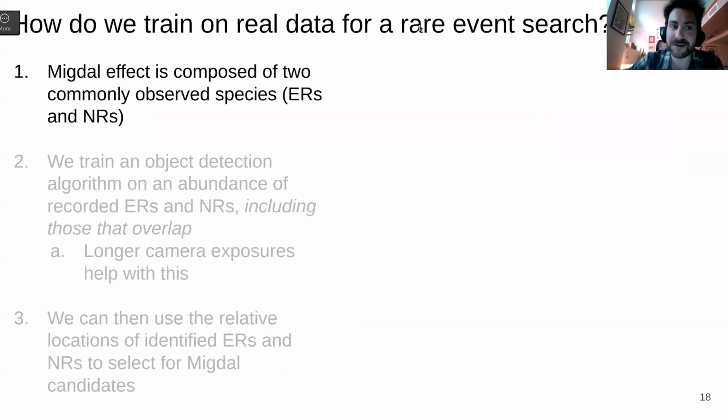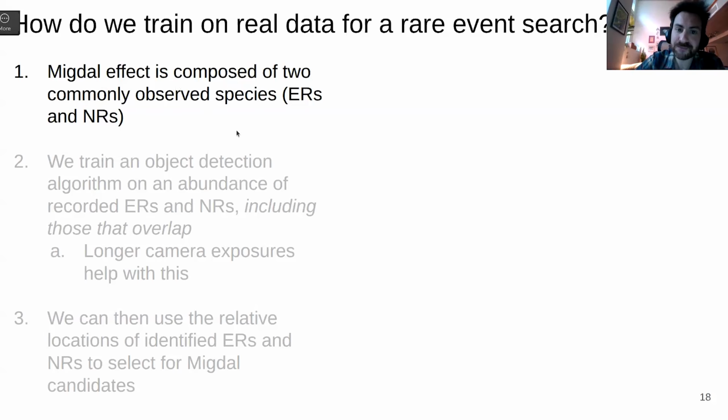Okay, so with that said, now that you have a sense of what object detection is, how do we train on real data for a rare event search? The idea is actually really simple. The Migdal effect is a composite signal, consisting of the overlapping electron recoil and nuclear recoil, and we can use that to our advantage, because in our detector we measure a ton of electron recoils and nuclear recoils in isolation.